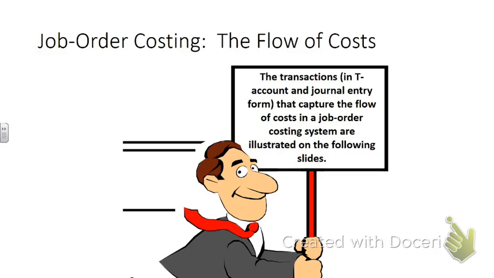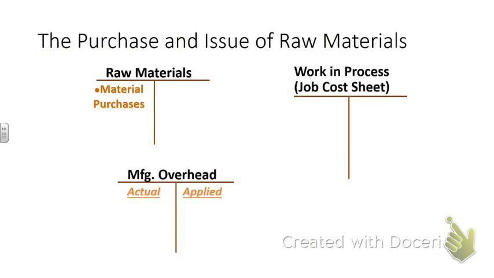So let's take a look at some of these journal entries and see what's going on. So we've bought raw materials. When we bought the raw materials, they are an asset, and that's going to be on our balance sheet.